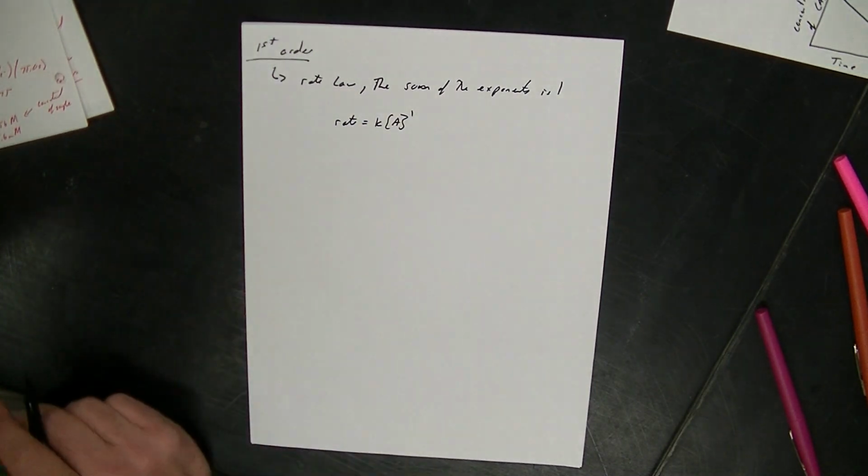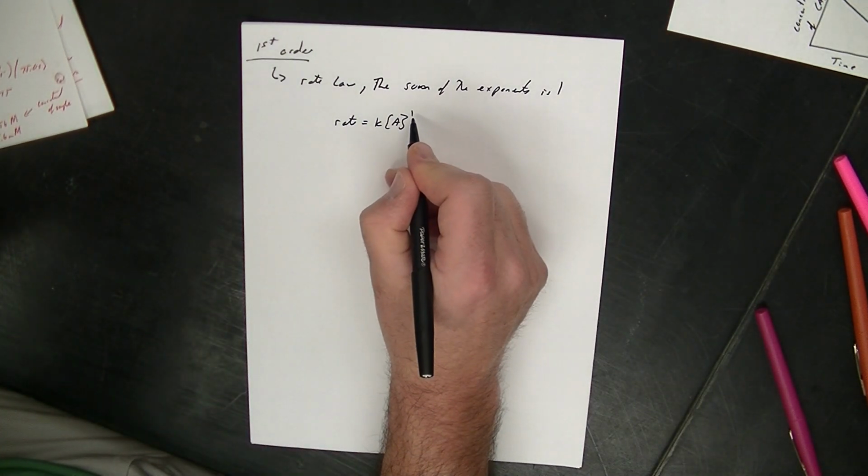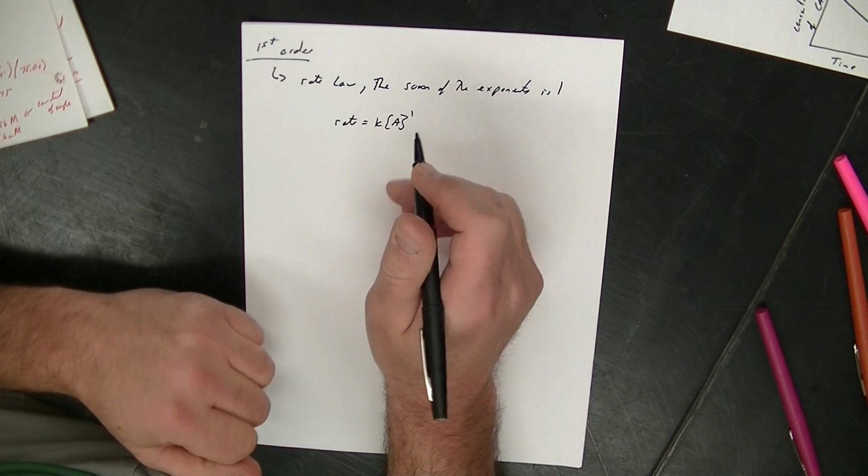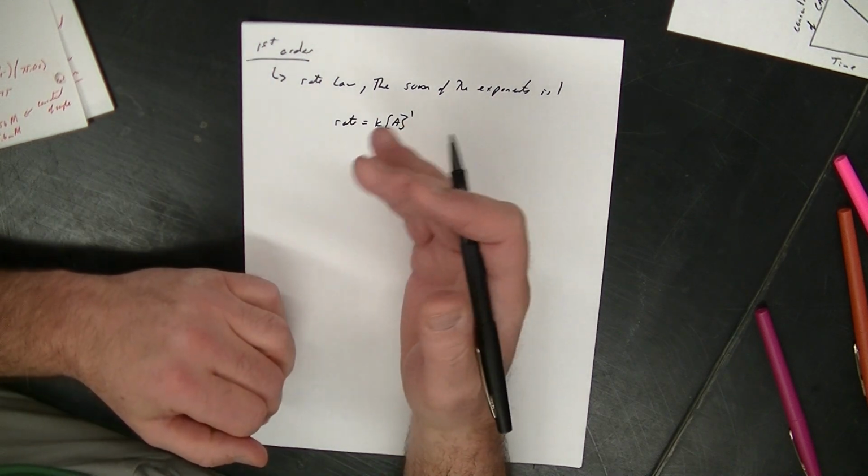Now, we can have numbers other than 1. You can have fractions, and generally it's going to be a half or a third.